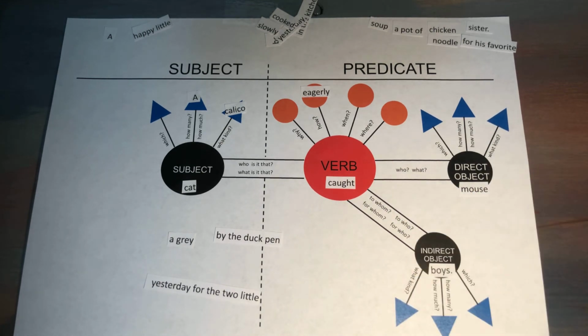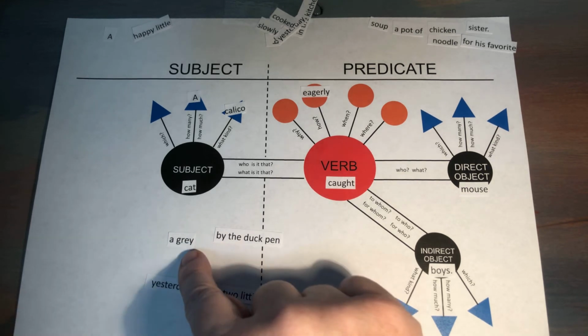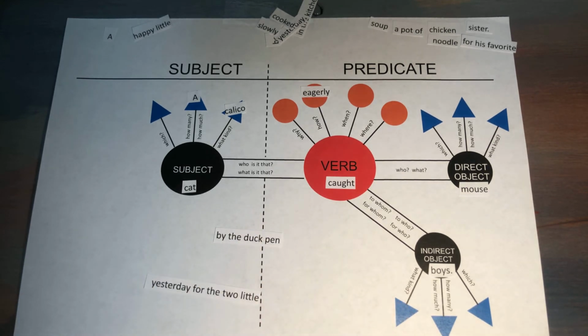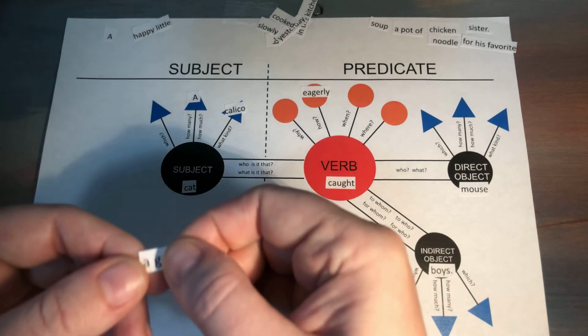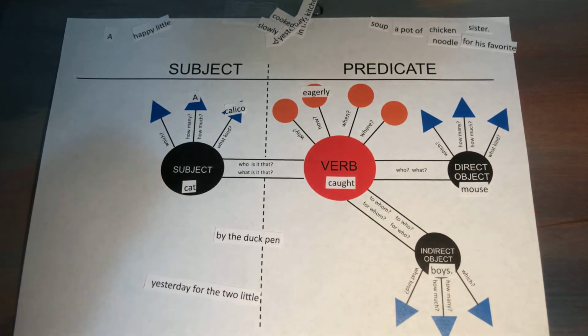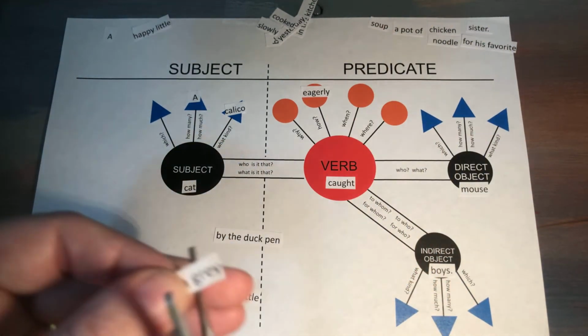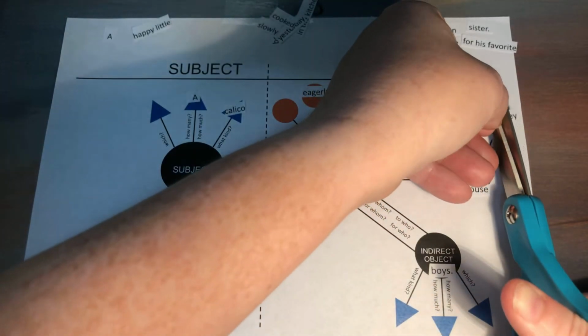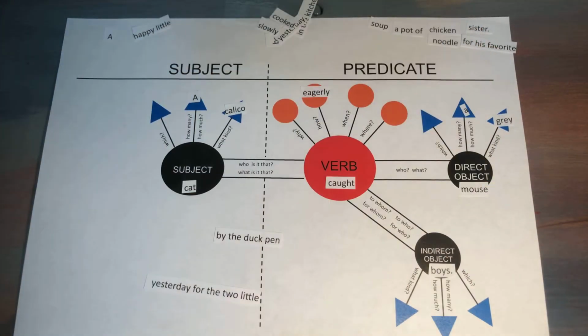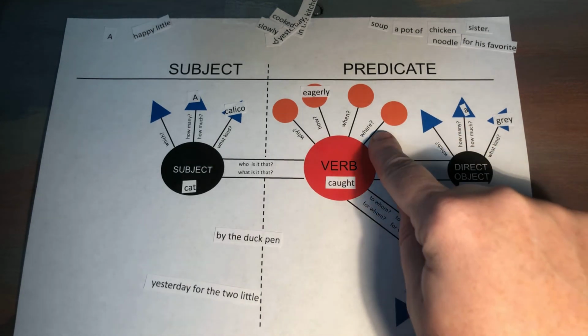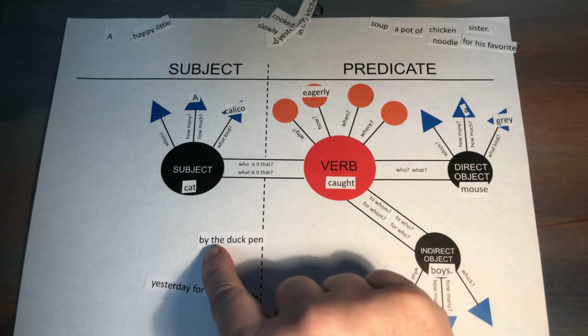What kind of mouse did the calico cat catch? Gray. And how many? A. We know that A means one and gray is the color. And we know that these can both go over here. It caught a gray mouse. Where did it catch this gray mouse?